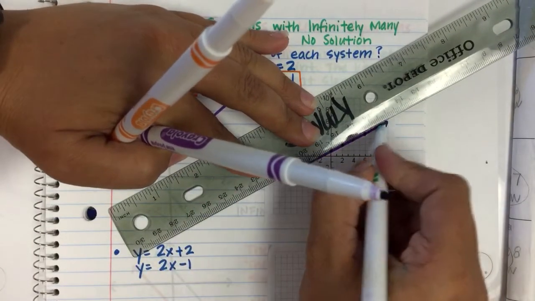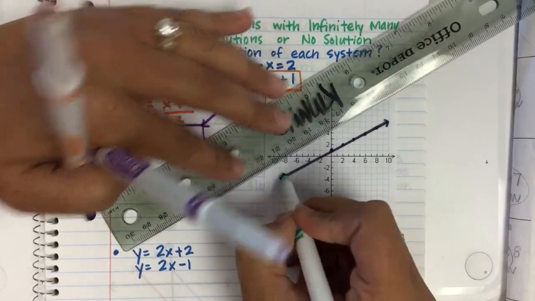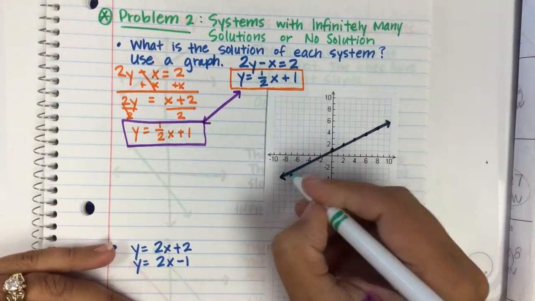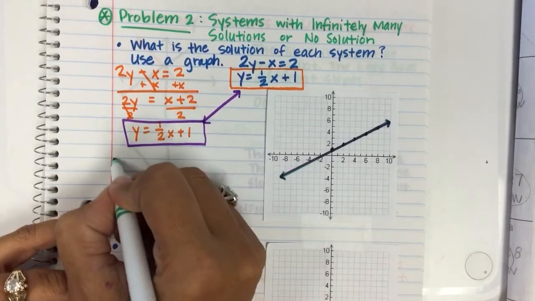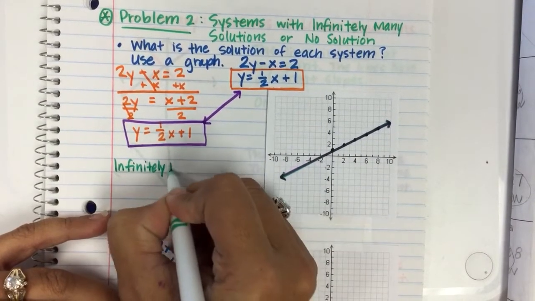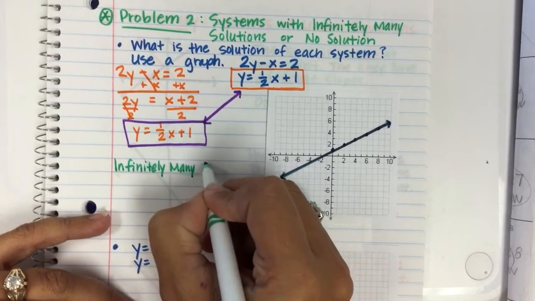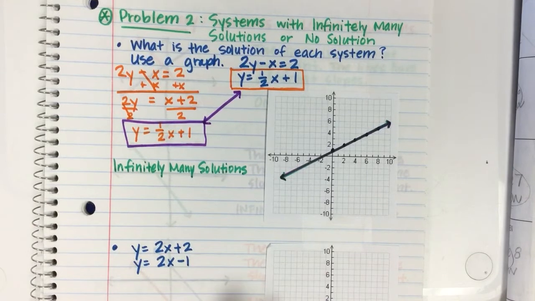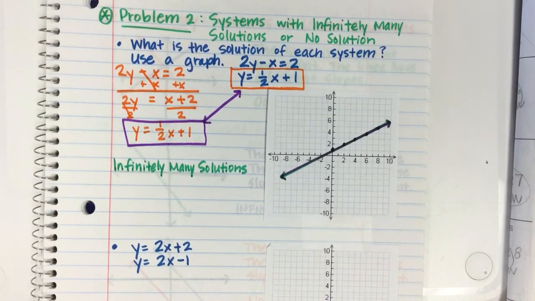So when they're exactly the same, these two lines touch at every point. So the solution is infinitely many solutions, because those lines lie on top of each other, so they touch at every possible point.